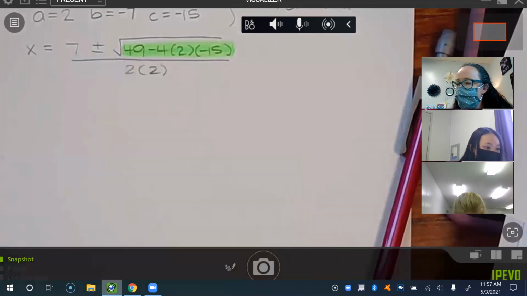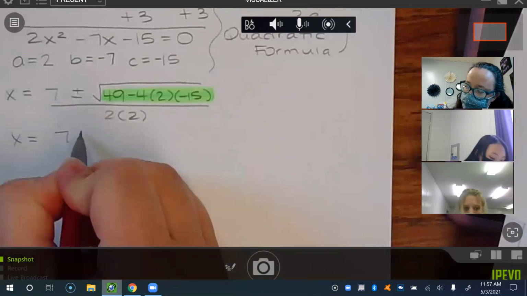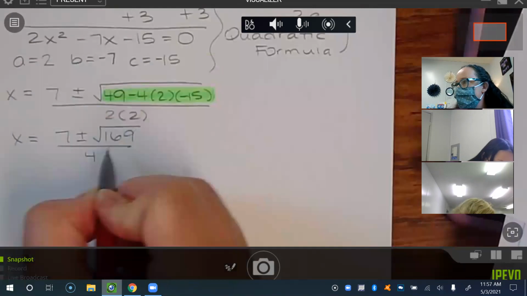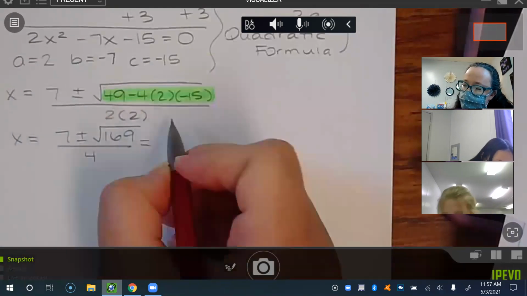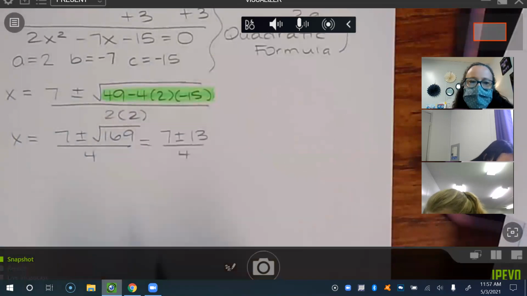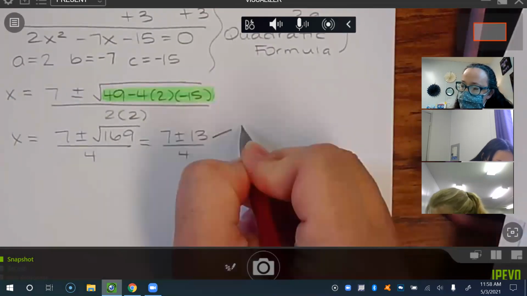Okay, so then I go here. And this lesson is, these are always going to be perfect squares. What's the square root of 169? 13. And that doesn't always happen. Sometimes it's negative, sometimes it's not a perfect square, and we're going to look at that tomorrow. Now, once I get here, you do this.